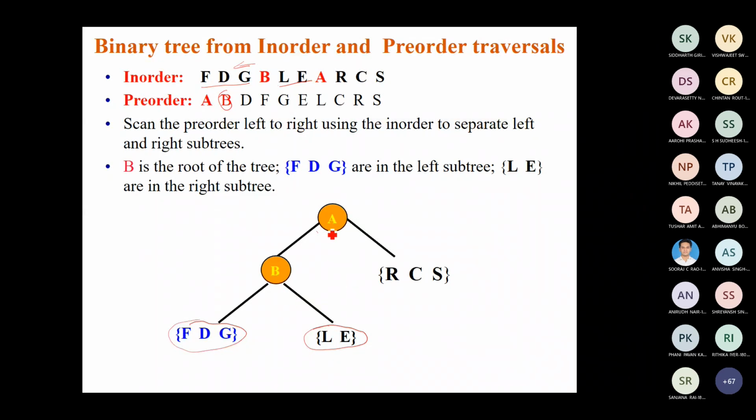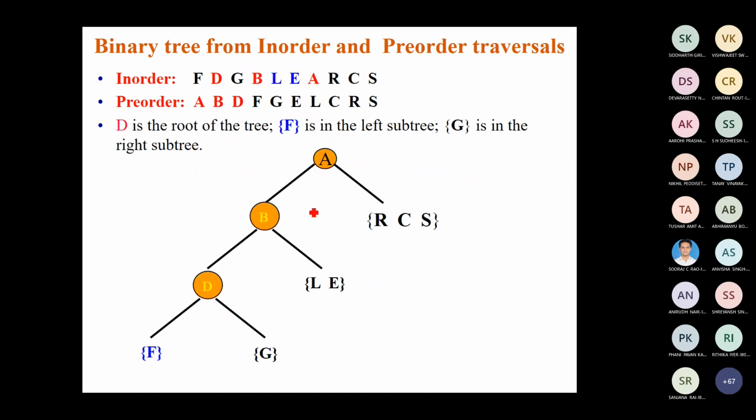Next, you have to find the next node in the pre-order sequence. The next node is D. Locate D in the left subtree of B. D is located somewhere in this sequence. Now D has one node on its left and one on its right.